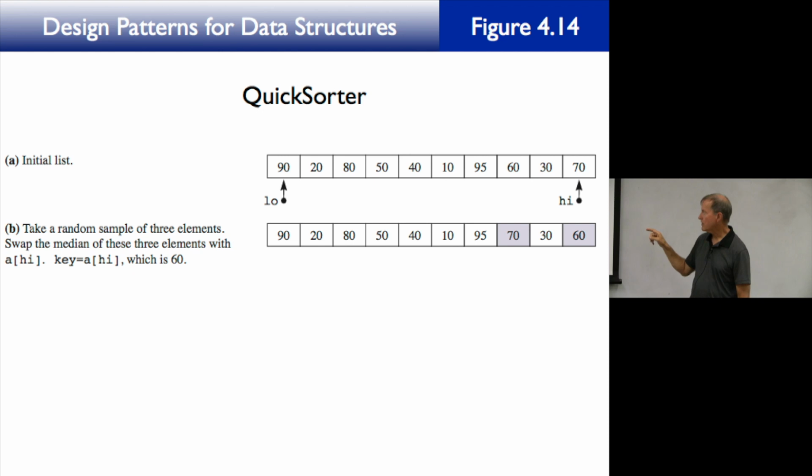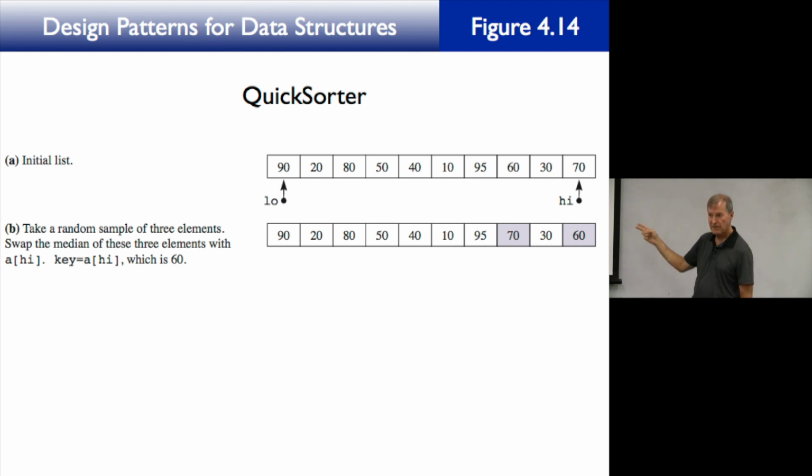Now, can you tell which element in part A it determined was an estimate of the median? It was the 60, right? And going from part A to part B, it swapped the 60 with the element at A sub high. So do you see that the 70 and the 60 changed places there?